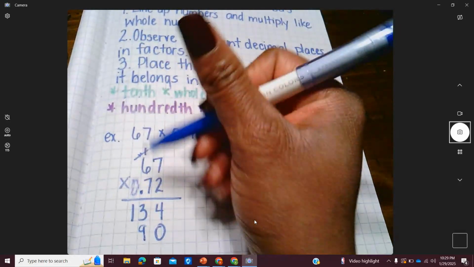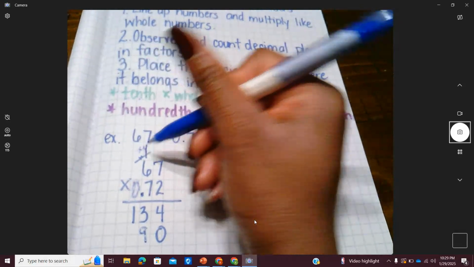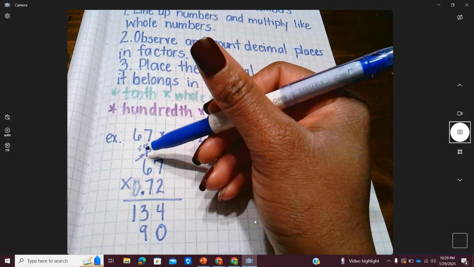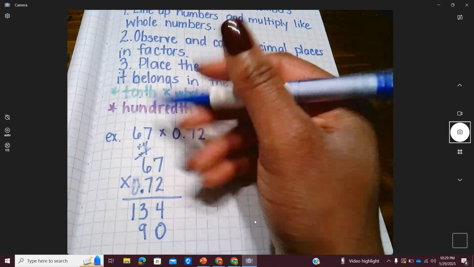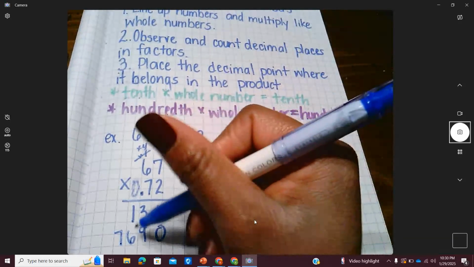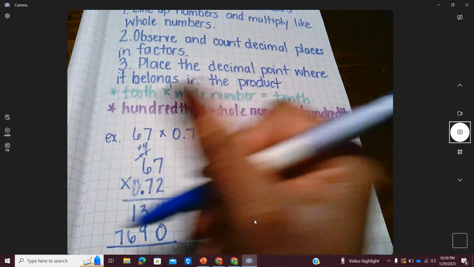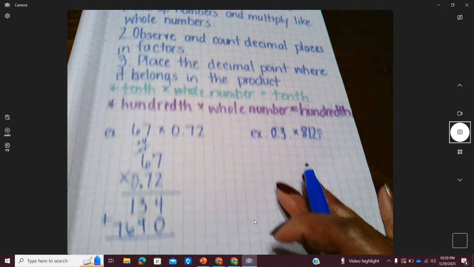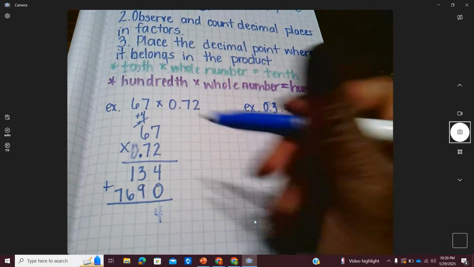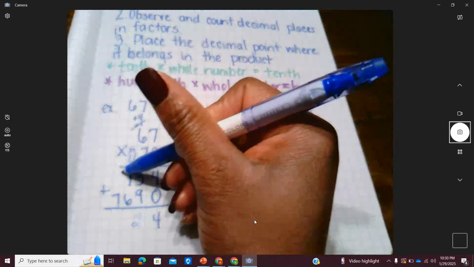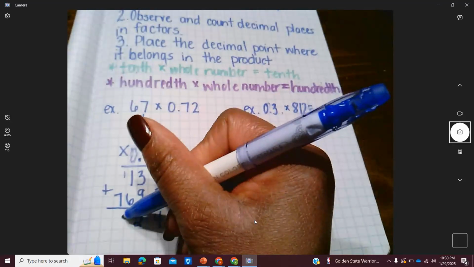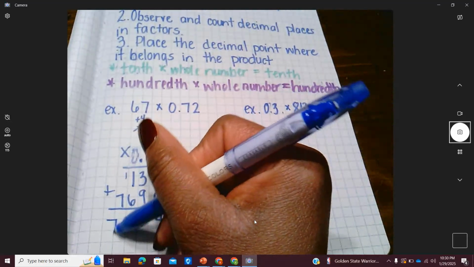That's going to be a 9 down below, and I'm going to regroup a 4. 7 times 6 is 42, plus 4 is 46. So I'm putting my 46 down below. Next I'm going to add. 4 and 0 is 4. 3 plus 9 is 12. 1 and 1 is 2, plus 4 is 6. Hmm, 1 and 1 is 2, plus 6 is 8. And 7 plus nothing is 7.